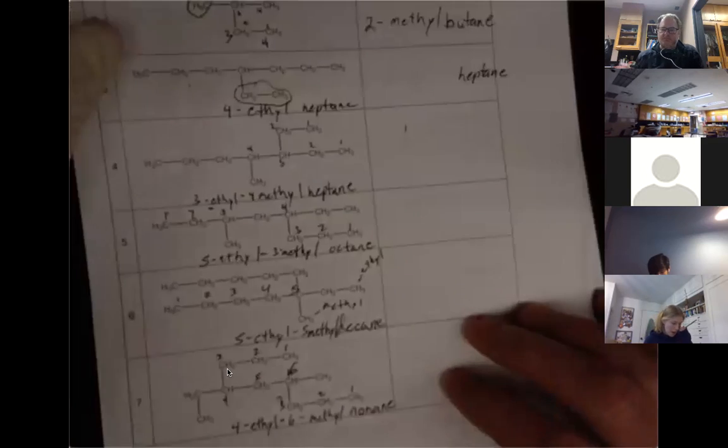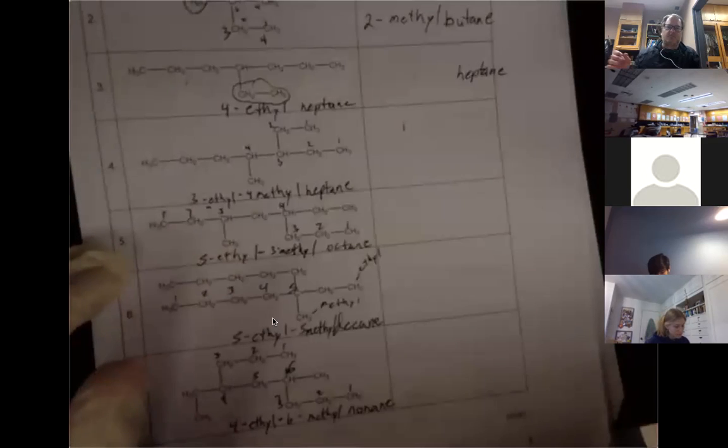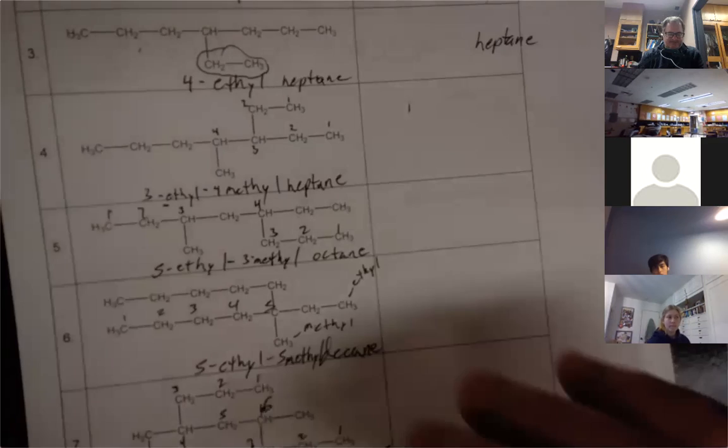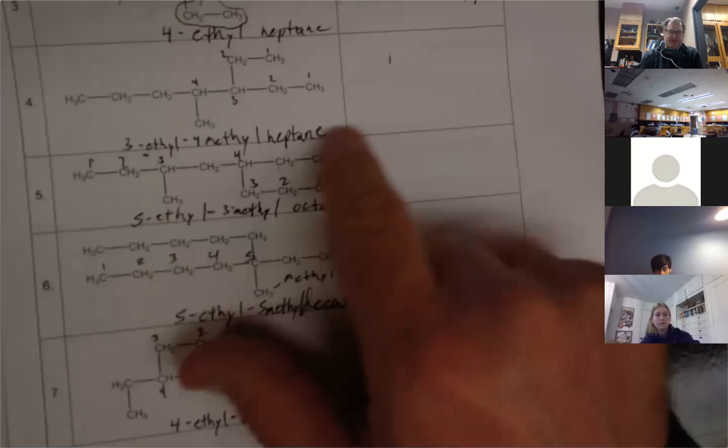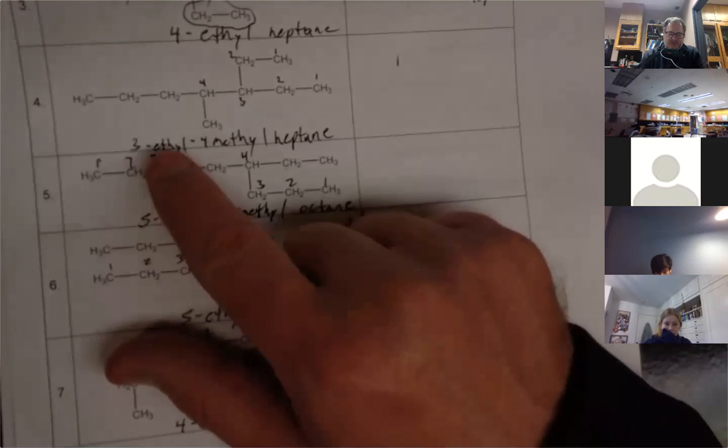There we go. All right, so I switched it so that I wasn't writing over here so that we could look at these at the same time. So 3-ethyl, 4-methyl heptane.